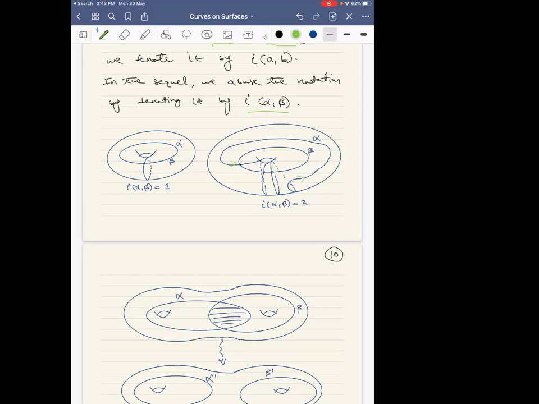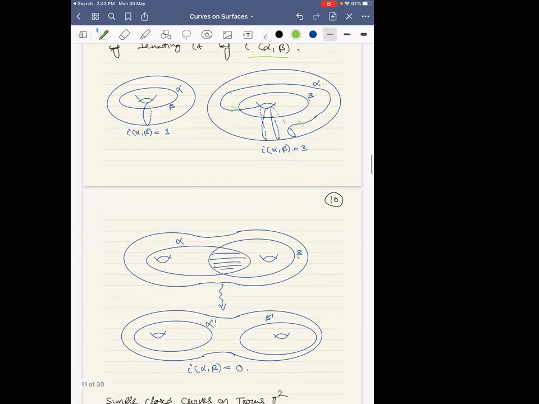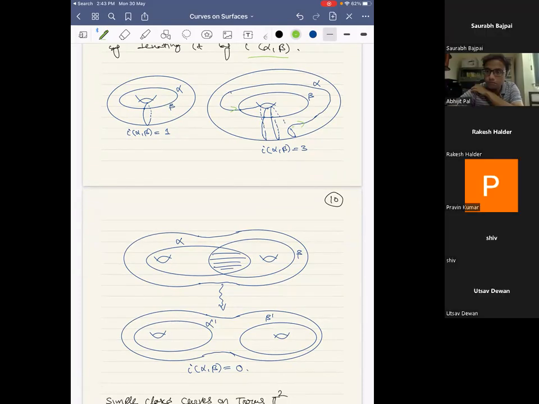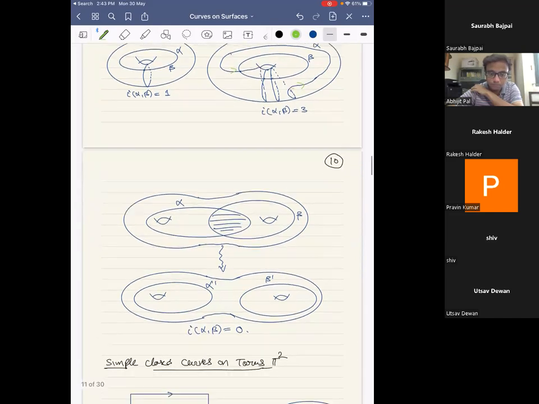It appears that there is some intersection, but when you look at the free homotopy class of alpha, it can be freely homotoped to, say, alpha prime, and similarly beta can be freely homotoped to beta prime, and they don't intersect at all. So the geometric intersection number of the free homotopy classes of alpha and beta is actually 0 in this case. Okay.